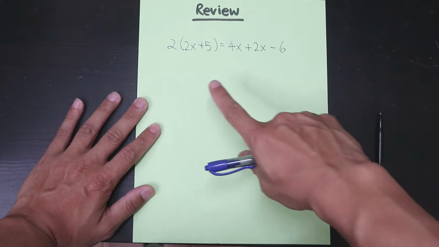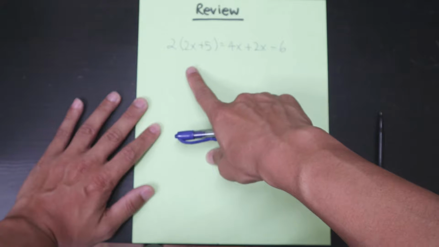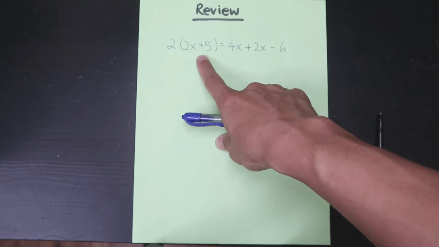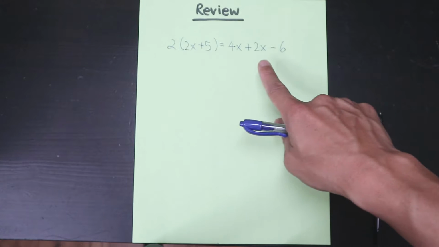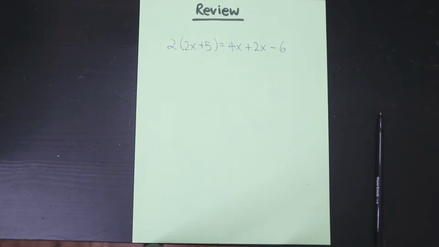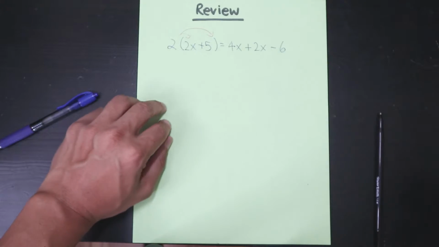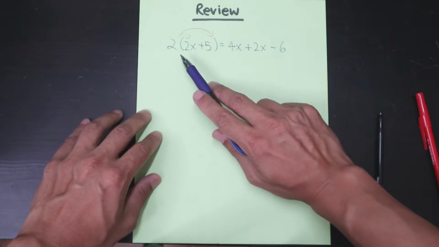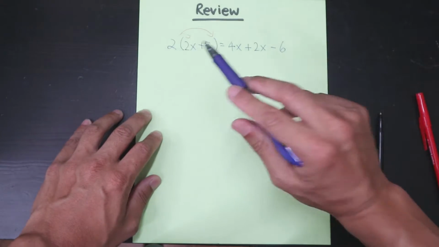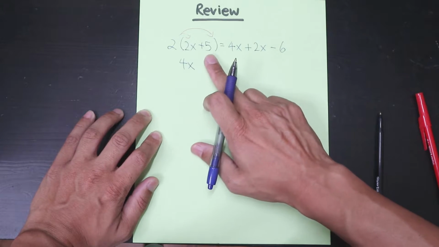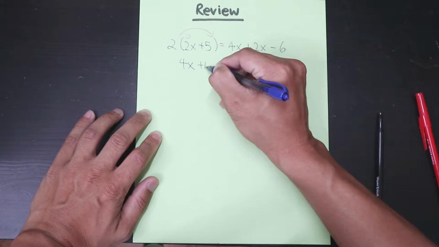Well, this is an equation with variables on both sides, and you notice that because there are x's on the left and some x's on the right. So to simplify that, we are going to perform the distributive property on the left side of the equation. So this 2 multiplied by this 2x will become 4x. 2 times 2x is 4x. And 2 times positive 5 is positive 10.